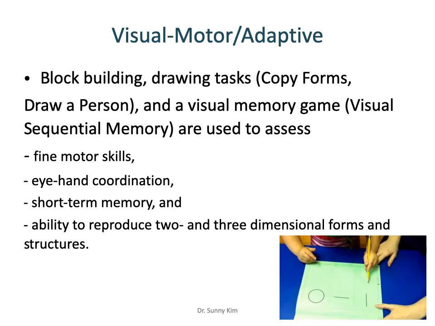As we just learned, this test measures students' development in 3 domains. Visual motor adaptive is the first domain, and it includes these specific items: building blocks, drawing tests, and a visual memory game.